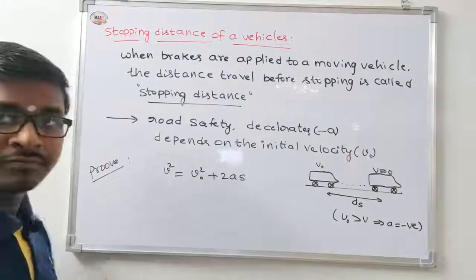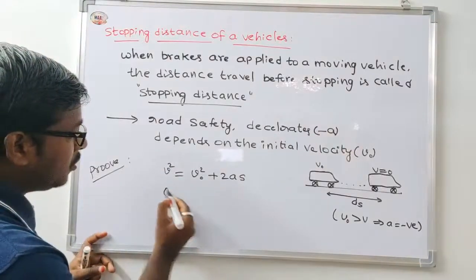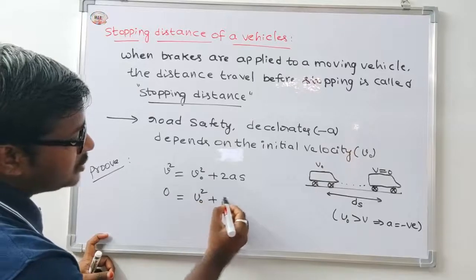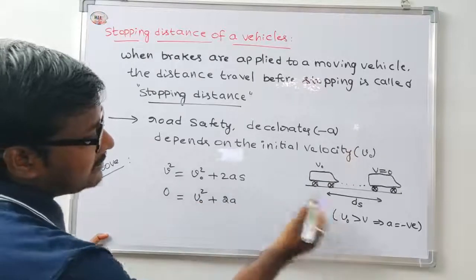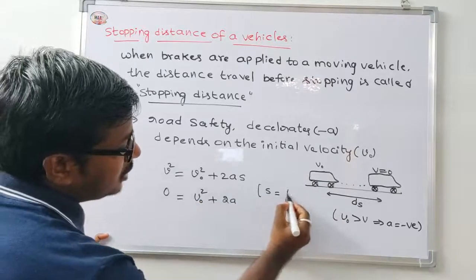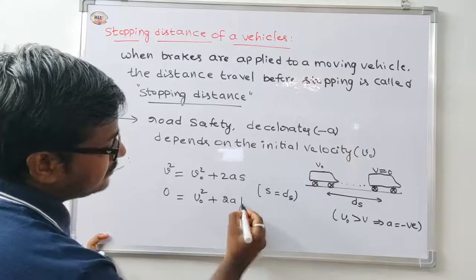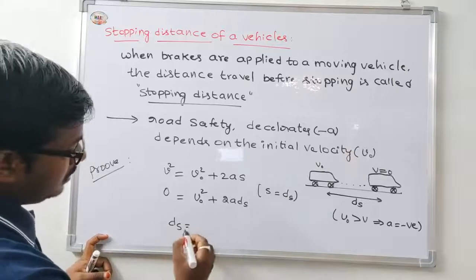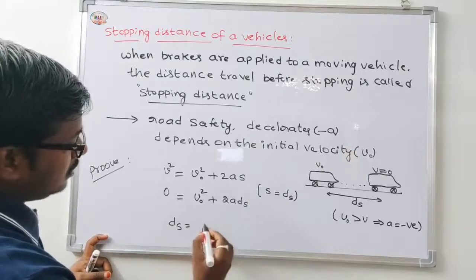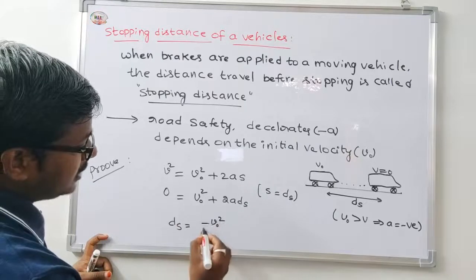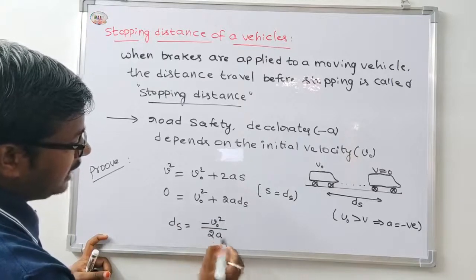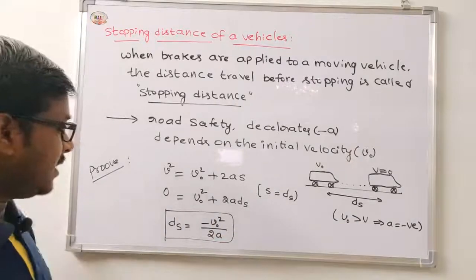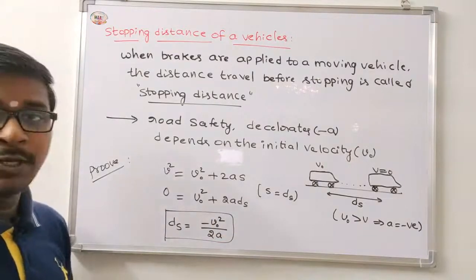Here v is 0, and s is the stopping distance ds. So 0 is equal to v0 square plus 2a ds, then ds is equal to minus v0 square by 2a. This is the stopping distance formula.